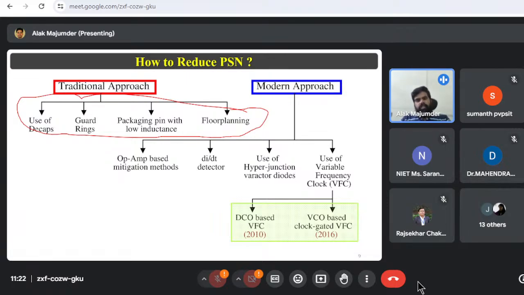What is a variable frequency clock? A clock, we know, is continuously fluctuating, having the same time period, right? A repetitive or periodic signal. Now, a variable frequency clock is also a repetitive or periodic signal, but the period will vary over time. For example, initially for a certain amount of time the frequency is 50 megahertz.